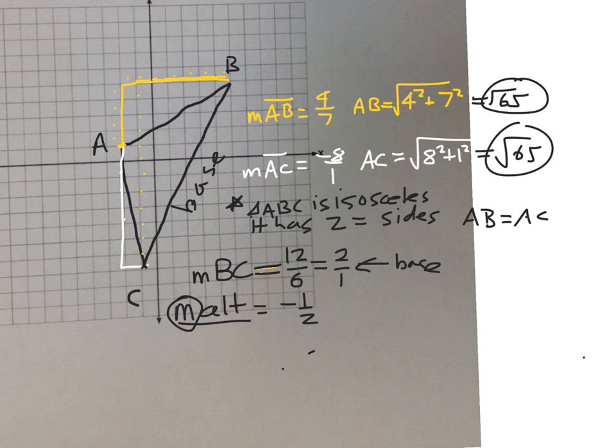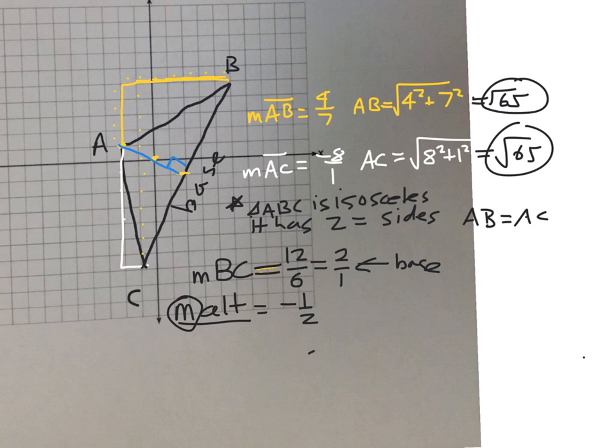So starting at A, going down 1 over 2, down 1 over 2, would get you a decent picture of what the altitude looks like. And it does look perpendicular to the base. So all of our work seems to be correct.